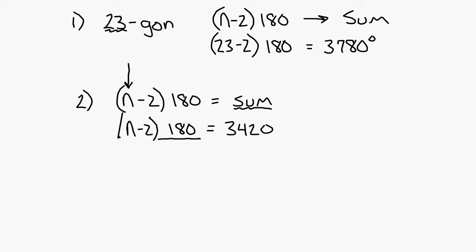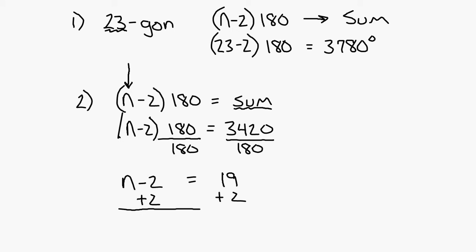If you divide both sides by 180, you get n minus 2 equals 3,420 divided by 180, and that's 19. Then you add 2 to each side, and n, which represents the number of sides, is equal to 21. So that shape has 21 sides.